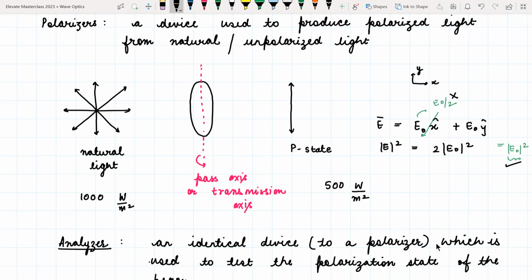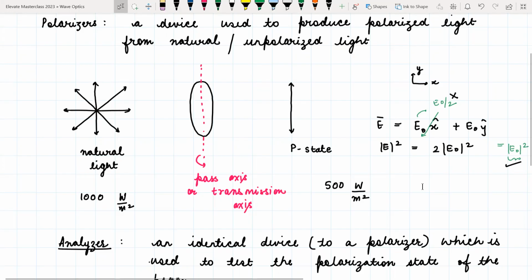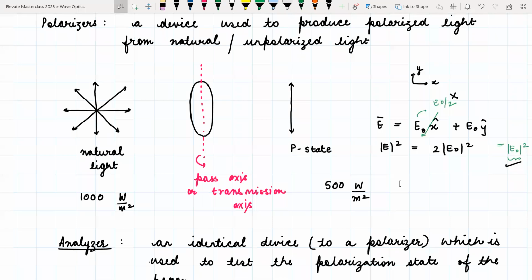Remember, polarized light is monochromatic light, right? Polarized light has only one frequency and constant. The way we are studying it, it has only one frequency. The way it is defined, the way we get it in the lab, we are always dealing with almost monochromatic beams. So how is natural light turned into a monochromatic beam?